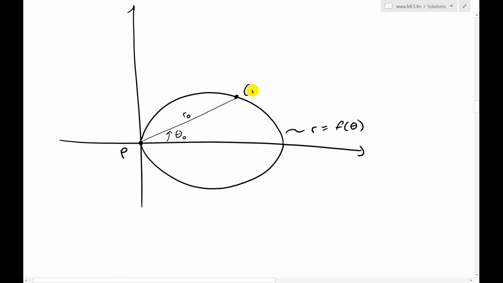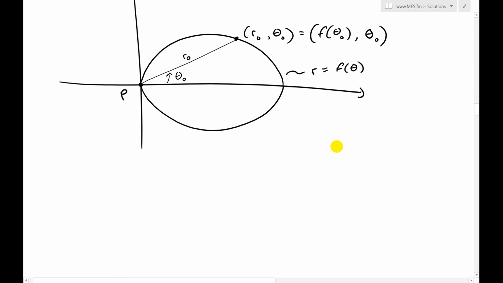So the coordinates here are r naught and theta naught on this point. And this is on this function r equals f of theta. So in other words, you could also write this as r equals f of theta naught, and then theta naught like that, just for completeness' sake.